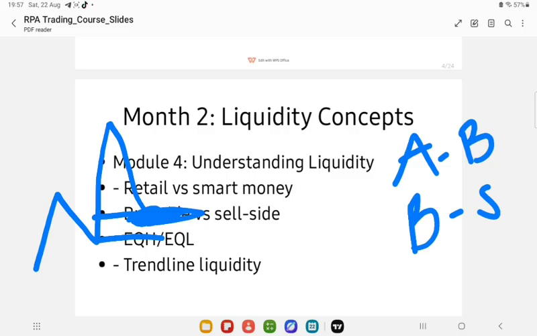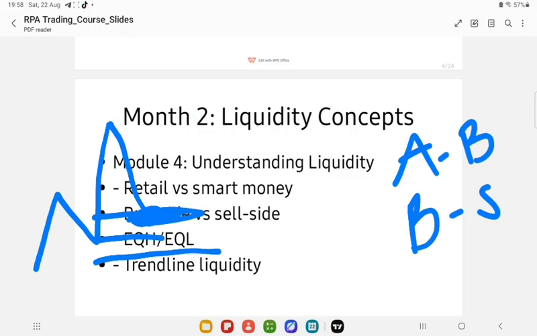Now for trader A, where will his stop loss be? The stop loss will be right there, which means trader A bought, expecting the market to go up and not come down. But trader B sold, expecting the market to come down and not go up.